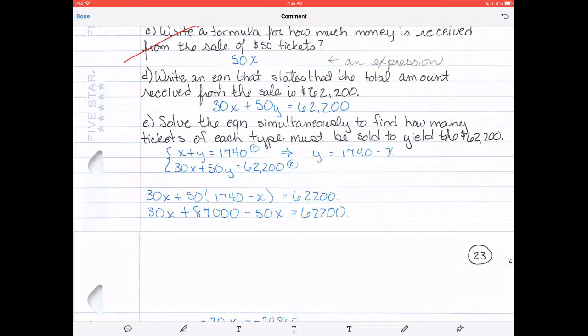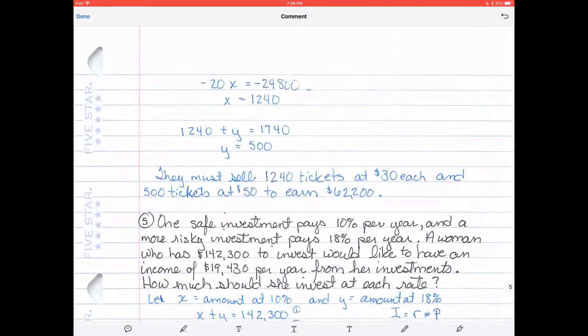Now, like I said, most students want to solve this by substitution. So y equals 1940 minus x, put it into the second one. Distribute. Okay? Then you get that.